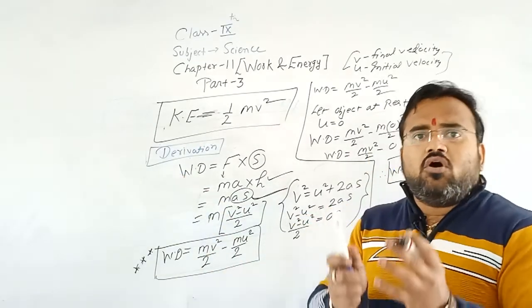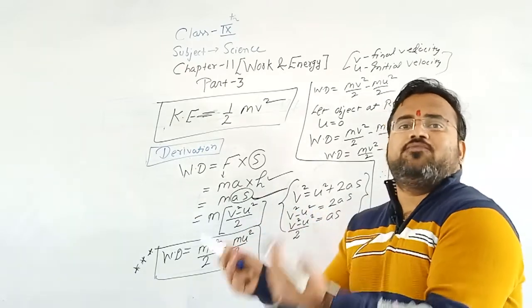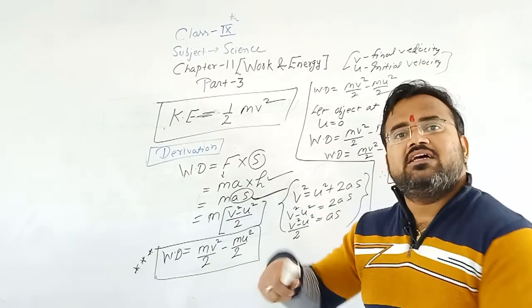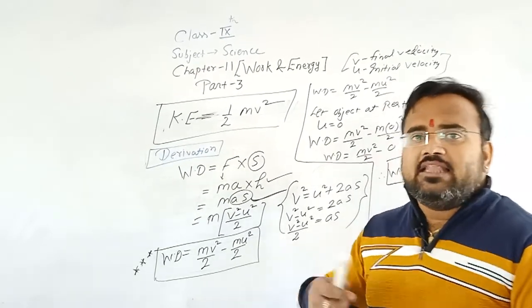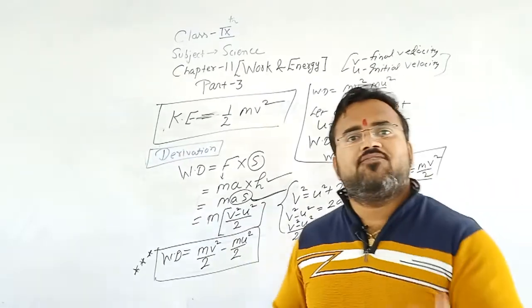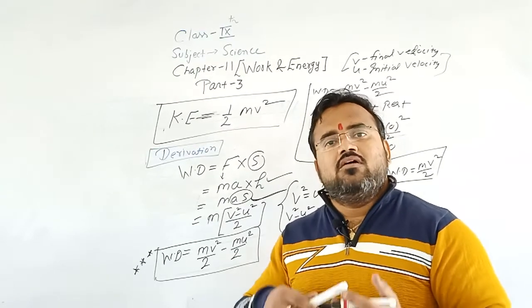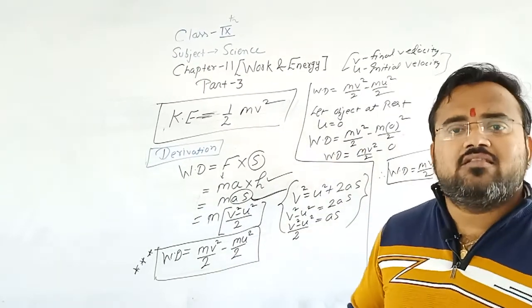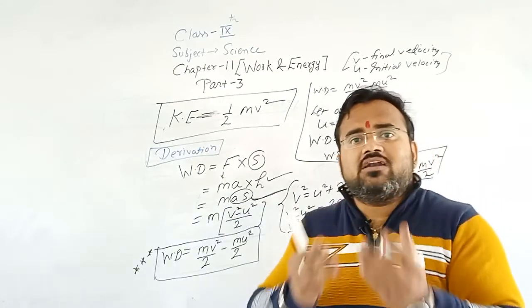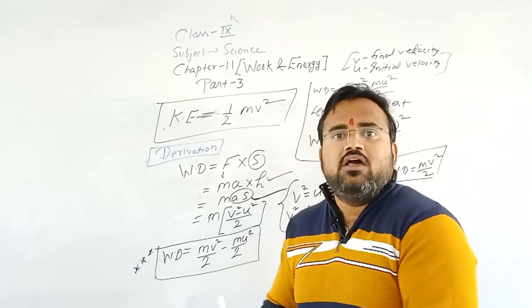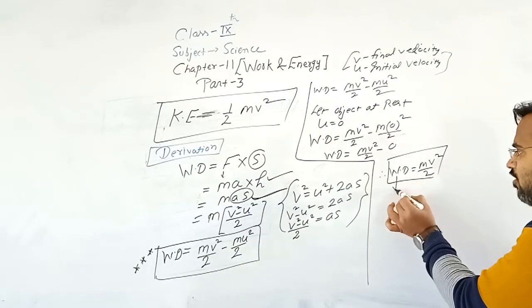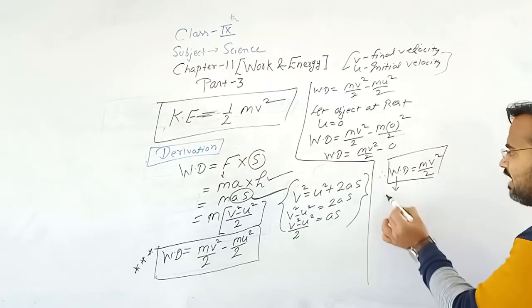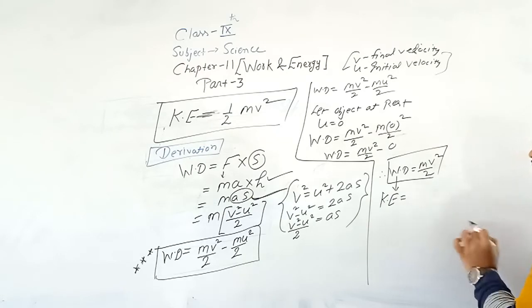So the amount of work done by me on the football would be the kinetic energy. If I kick the football very hard, the football will run very fast, and if I kick it slowly, the football will run slowly. So the work done by me on the football is converted into kinetic energy. So instead of work done, I can write kinetic energy.